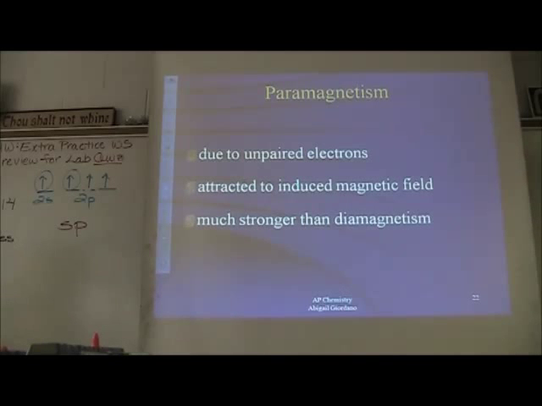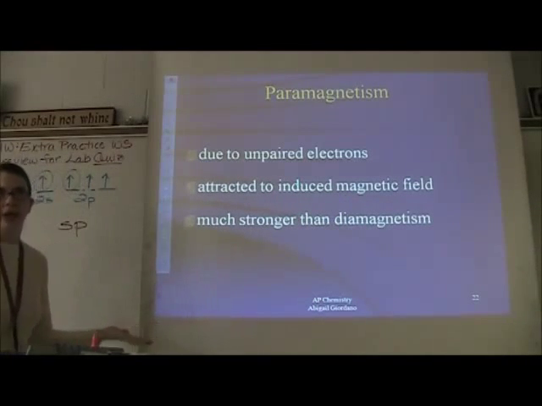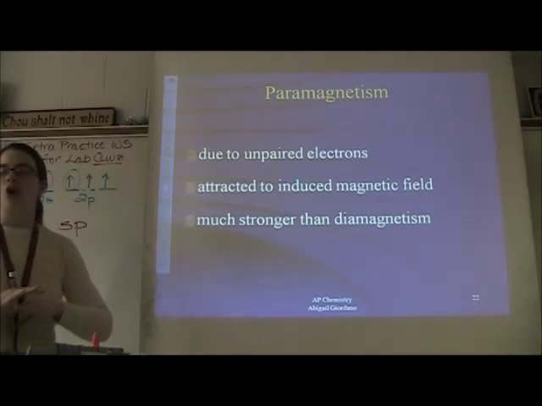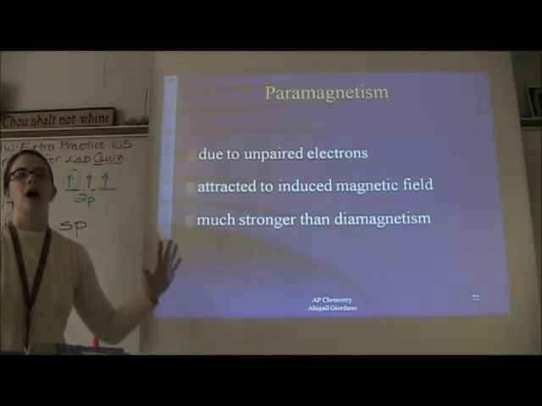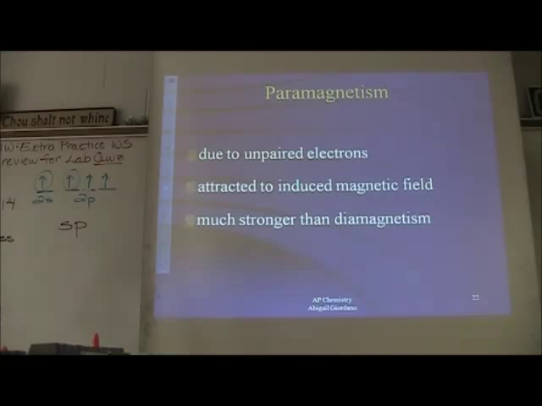Those are called paramagnetic. And then there are some elements that you could bring near a magnetic field and nothing happens to them. They do not become magnetic. Those are called diamagnetic elements. And whether something is magnetic or not depends all upon unpaired electrons.